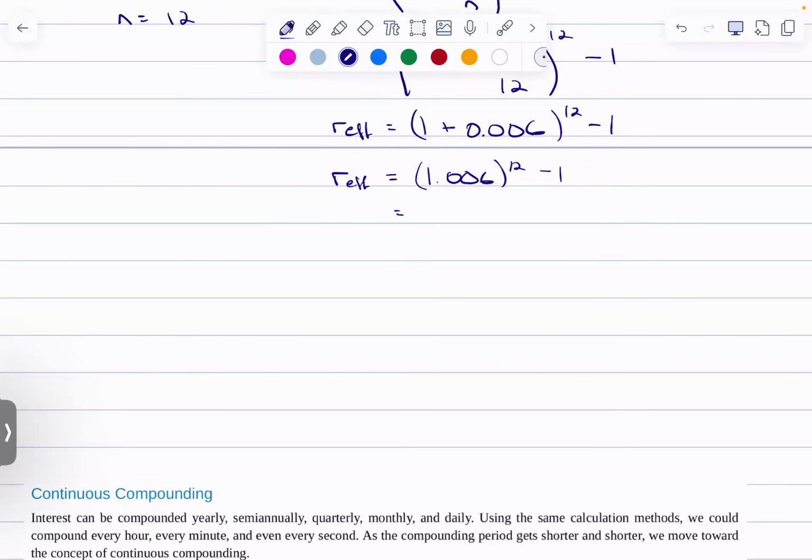X to the power of 12, I get 1.074424168, but don't forget to subtract 1. 0.07442416772.